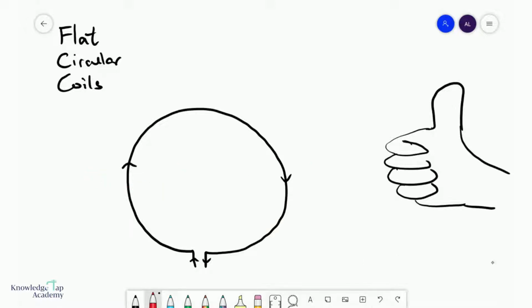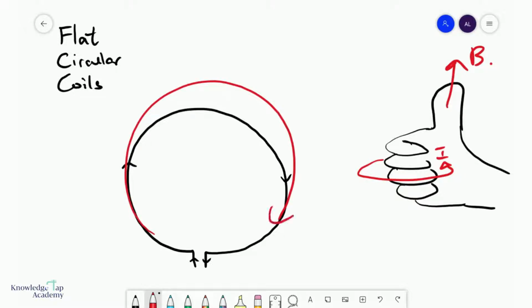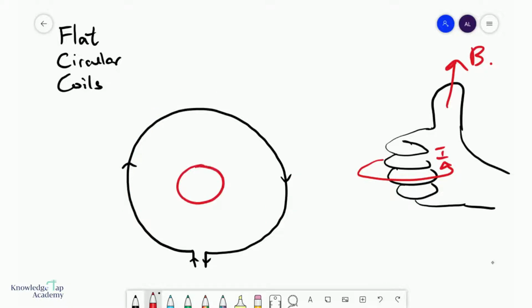Now use the four fingers to point in the direction of the current. In this case, your four fingers would loop around in a clockwise direction, and you notice that your thumb will then point into the screen like so.